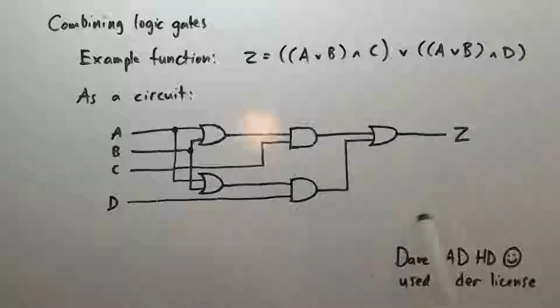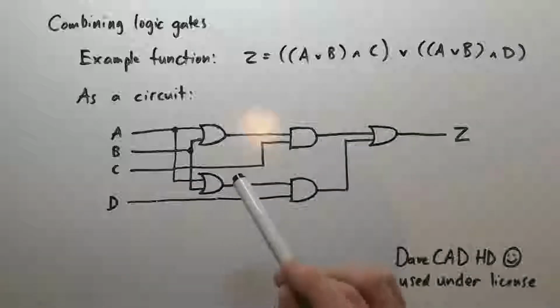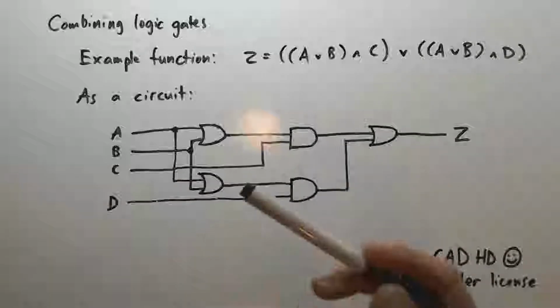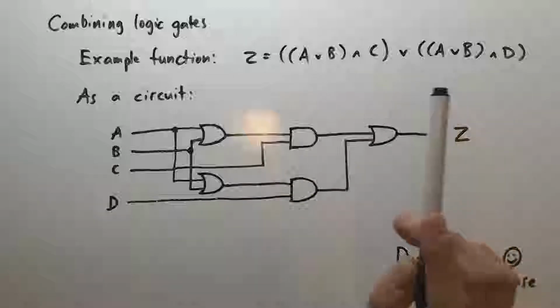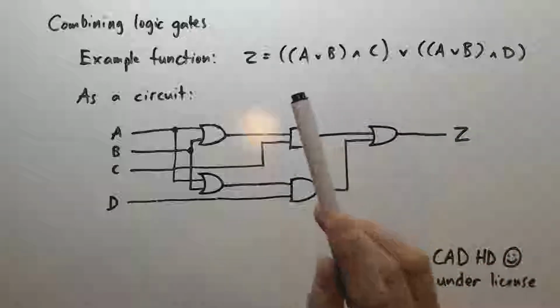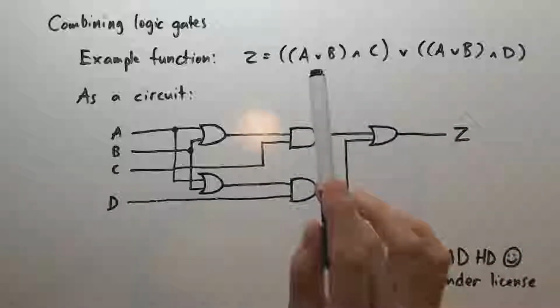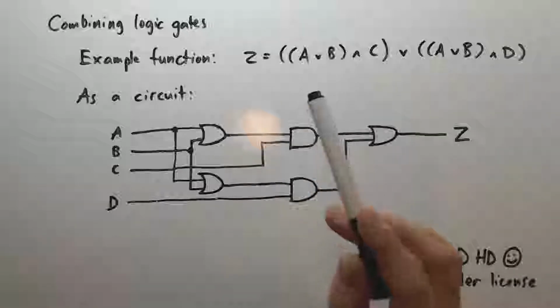Here is a realization of that Boolean function using logic gates. And the basic idea is that if you are translating Boolean algebra into hardware, each operator in your Boolean function is going to potentially become a logic gate.